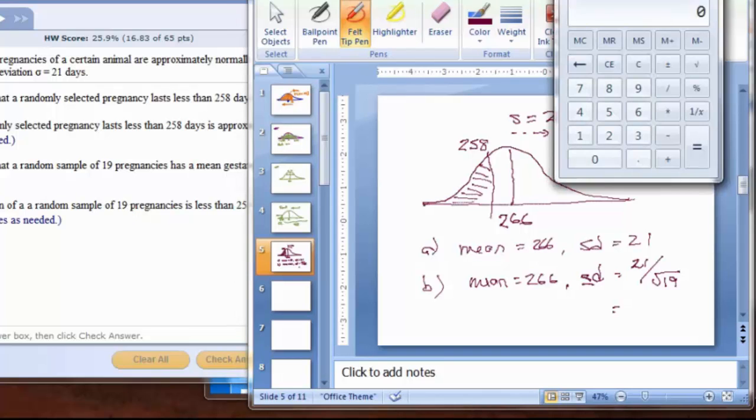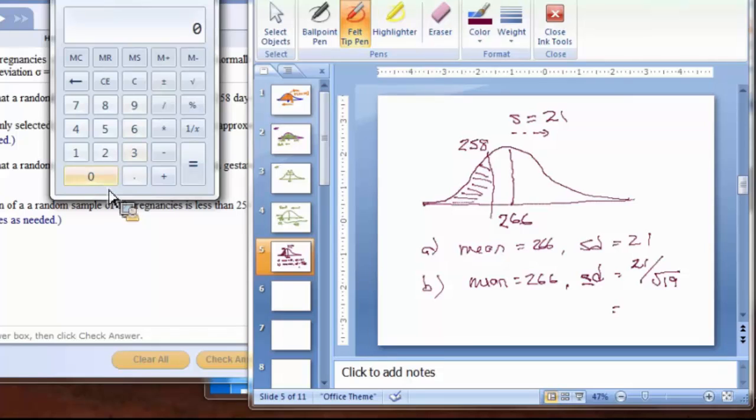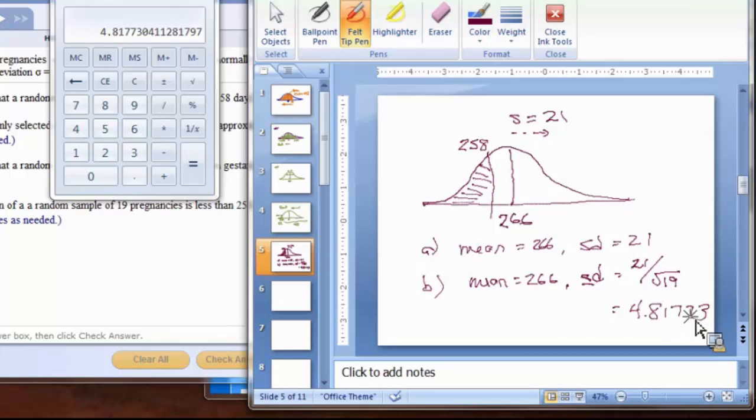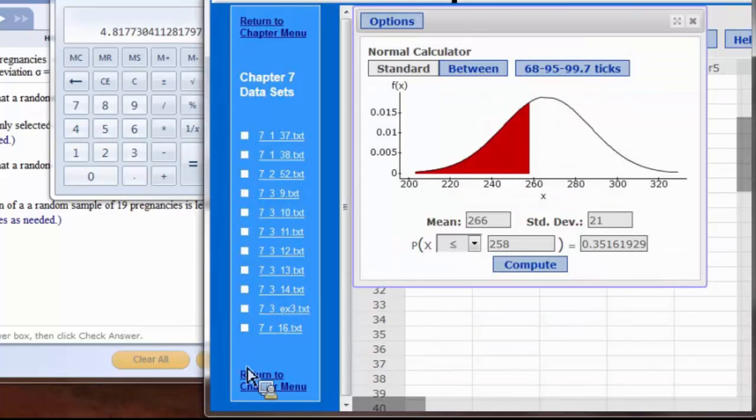And here we need to use Excel or a calculator. See, 21 divided by the square root of 19. Okay, 21 divided by the square root of 19, I believe, is 4.81773. So I'm going to write this out to a lot of decimals. MyStatLab wants 4 decimals of accuracy, so I'm going to make sure I have at least 4 digits.